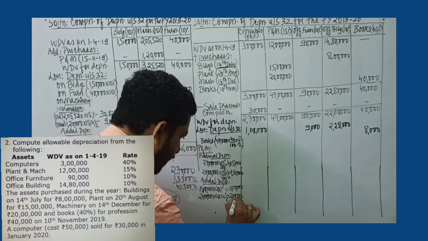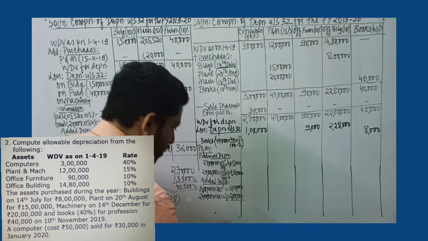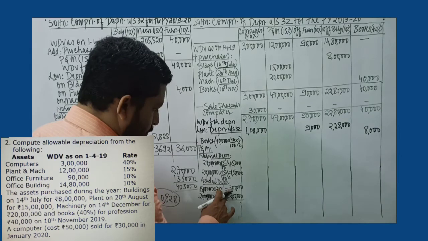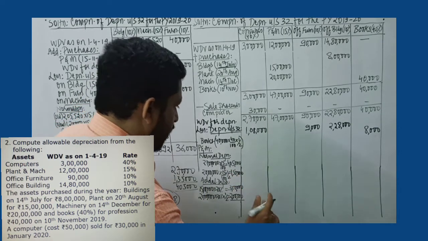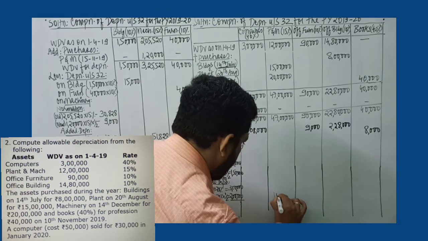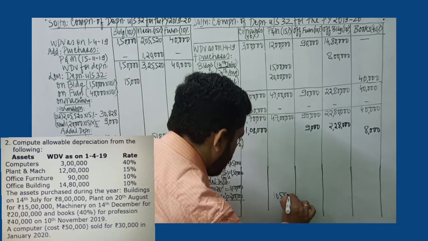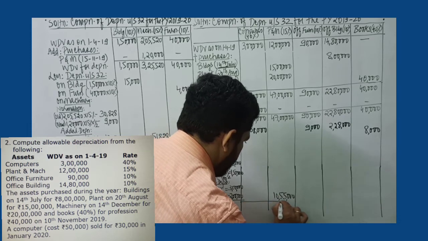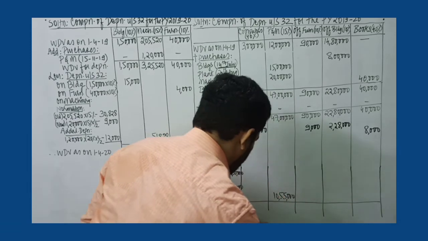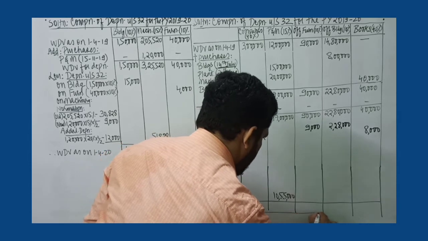So total depreciation, normal depreciation and additional depreciation put together, will be 10 lakh 55,000. So I record 10 lakh 55,000 as the depreciation amount.